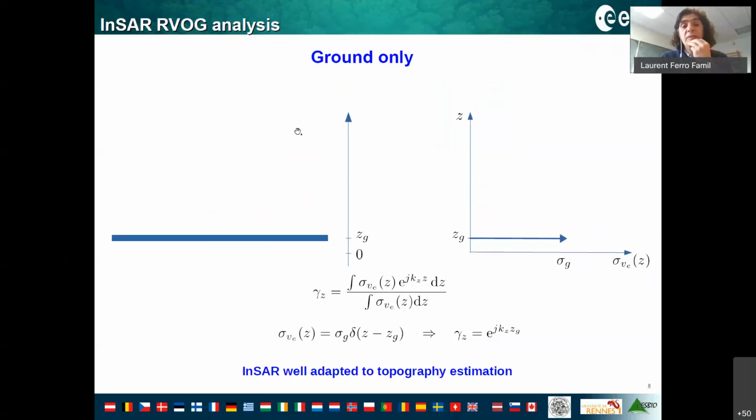The reflectivity of this environment can be represented using only a Dirac pulse here with a given amplitude, which is called sigma g, the reflectivity of the ground. And when I inject this expression inside this integral here, I end up with this very simple expression. The interferometric coherence has a modulus equal to 1, and the phase is directly related to the elevation of the ground. So this shows us why InSAR is so well adapted to topographic estimation.